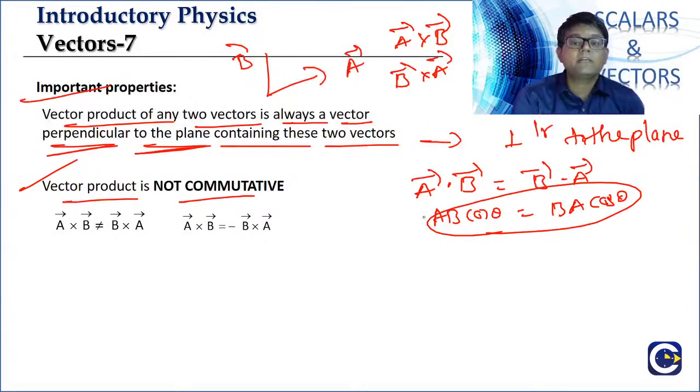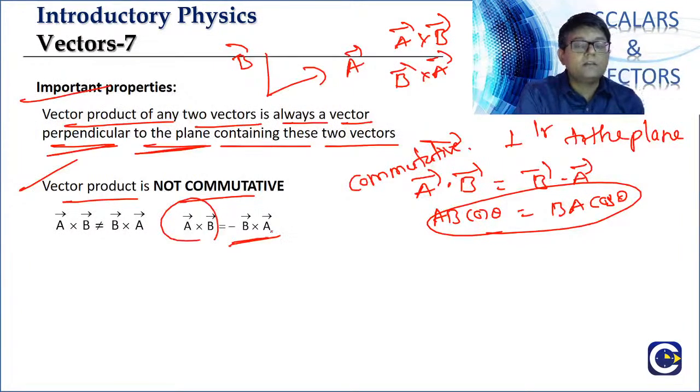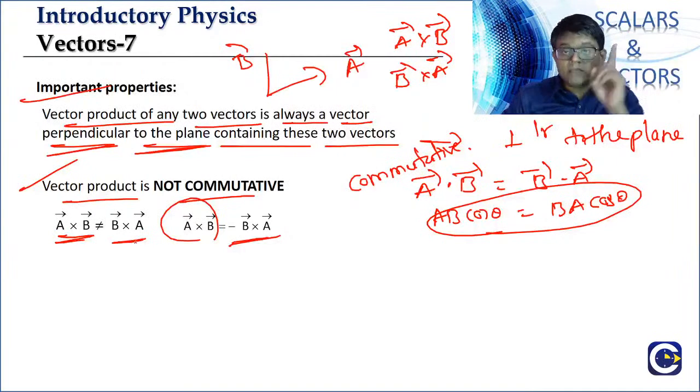So dot product is commutative. We have seen this in the properties of the dot product. But cross product is not commutative. A cross B we have seen will in fact be equal to minus of B cross A. So A cross B and B cross A will not be equal. Magnitude wise they will be equal, magnitude same. But what about the direction? Directions are exactly opposite. So these two are not equal.